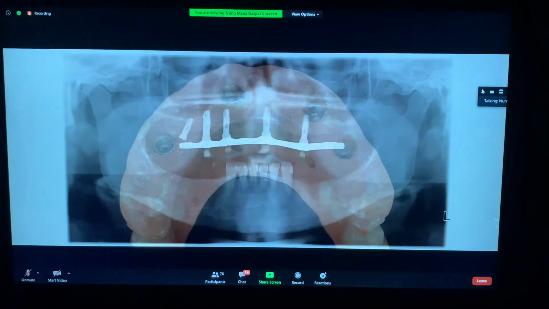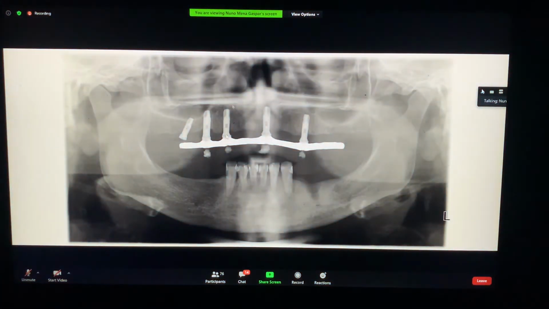So, and there's a lot of bone. These are 15 millimeters implant. There's a lot of bone here. Và ở đây trong cái hình này sẽ đang có quá nhiều xương. But since my colleague did not reduce bone, he could not do.